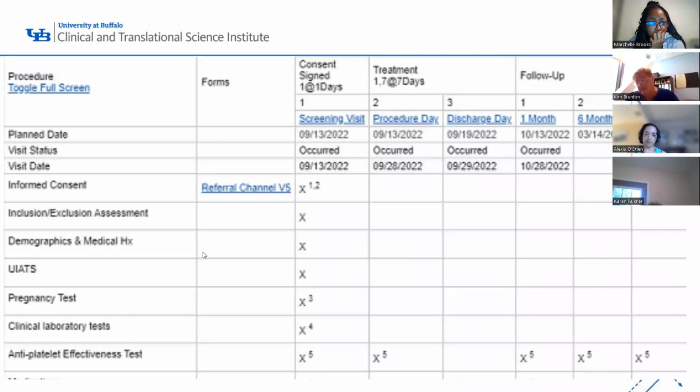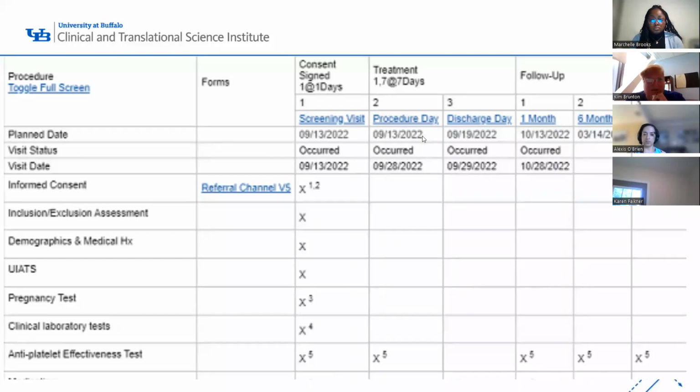And then this is kind of just a little bit of a view of what that calendar looks like. So once the calendar is built and you have a patient enrolled, it does take a couple of minutes to put the information in when you are beginning a trial and putting a person onto the study. But then it really becomes, everything is laid out, and it tells you when it should happen.